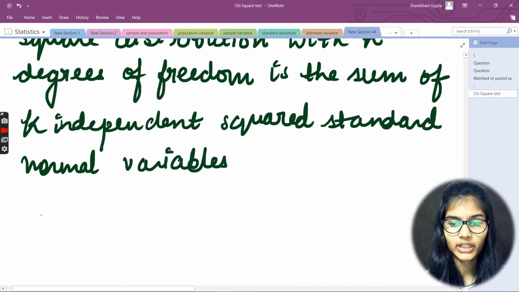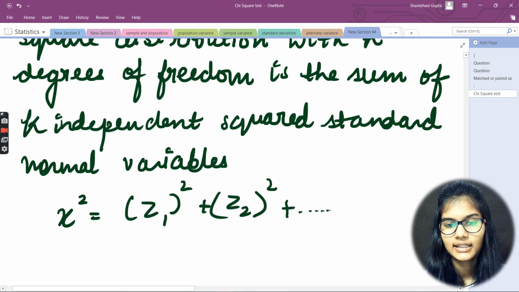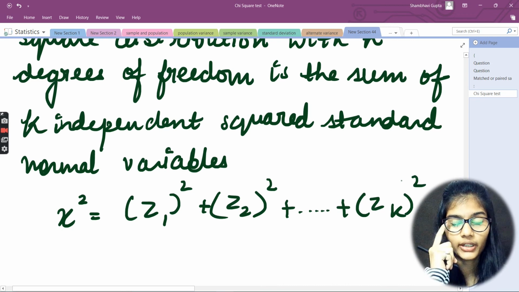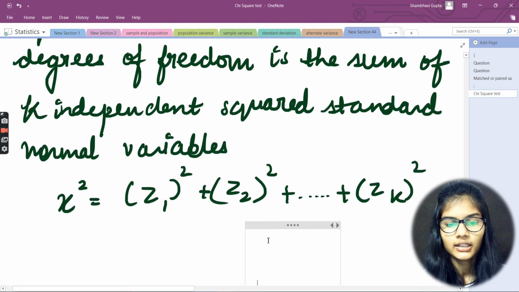Right? So what's the denotation for that? The denotation is chi-square equal to z1 squared plus z2 squared plus and so on up to zk squared. So yeah, this is the denotation regarding the degrees of freedom for this particular sum.